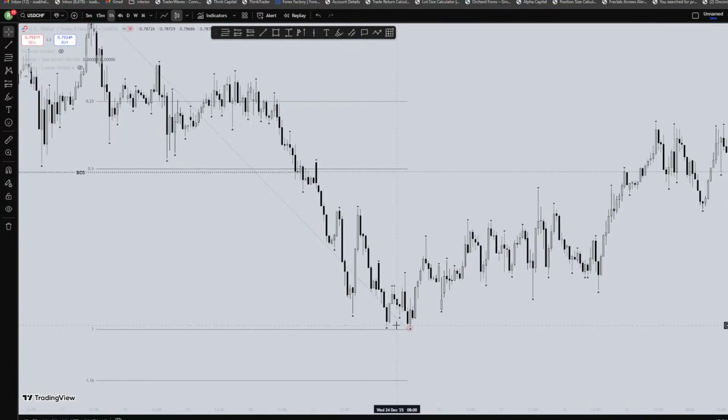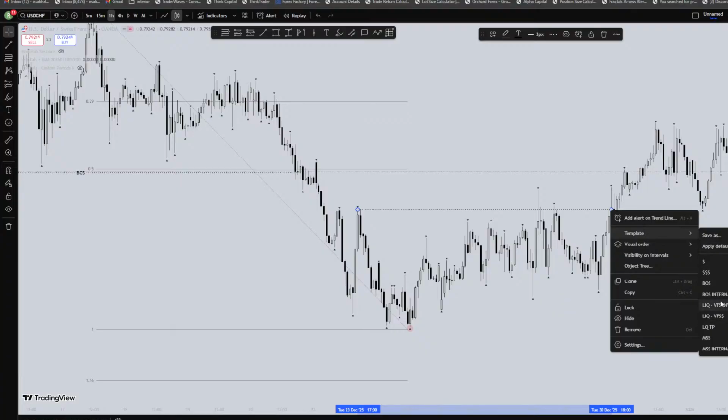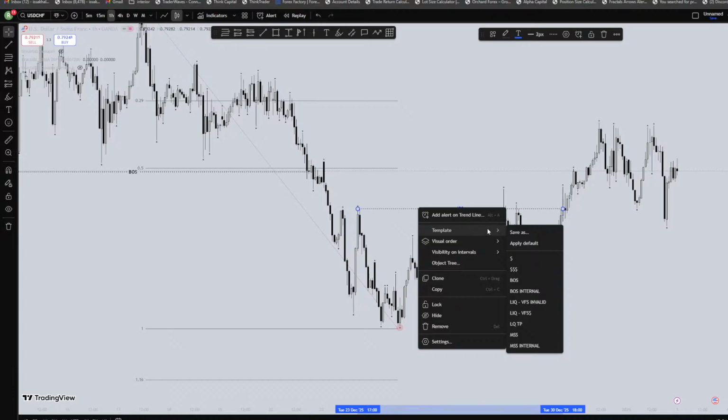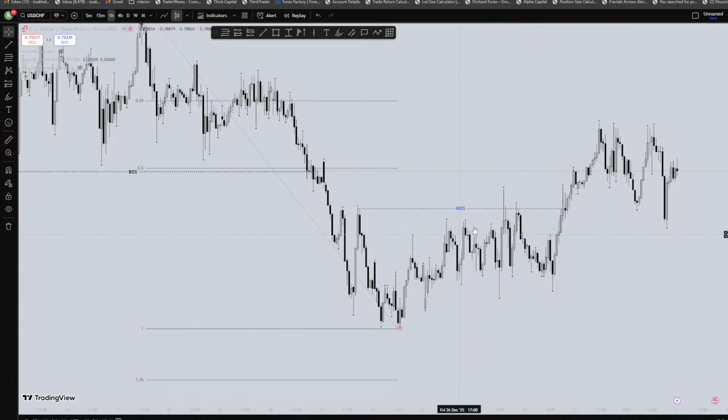Right, so in this instance, since this is a low, then this is the leg that is going internal breaks of structure. So you can see this one, price came from the last one. We needed this. Sorry, this is MSS.